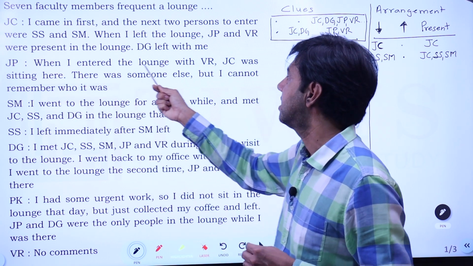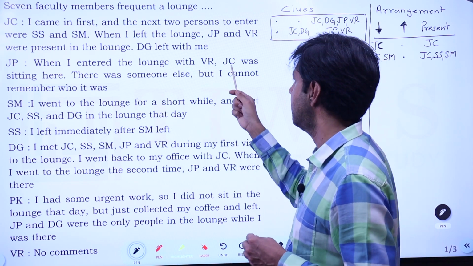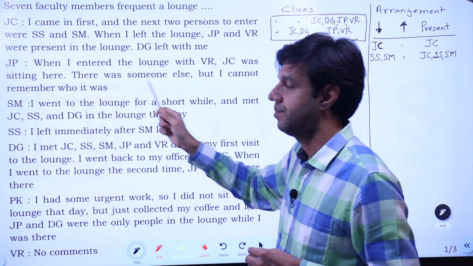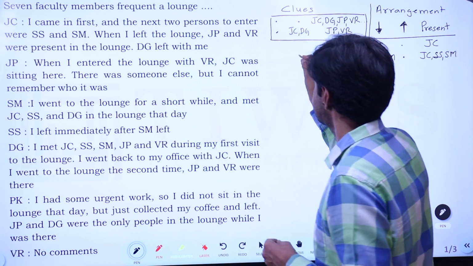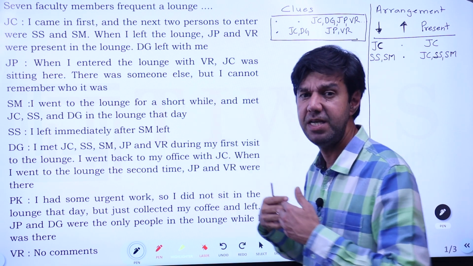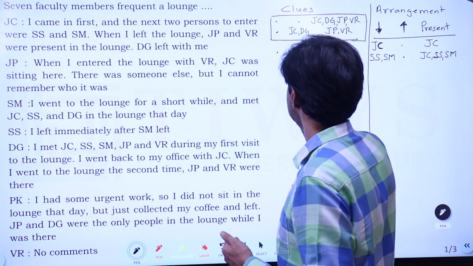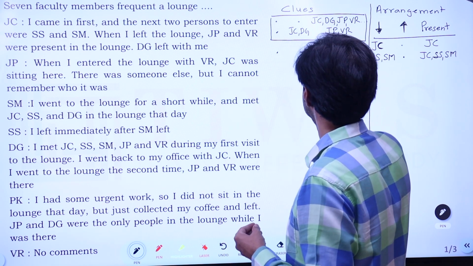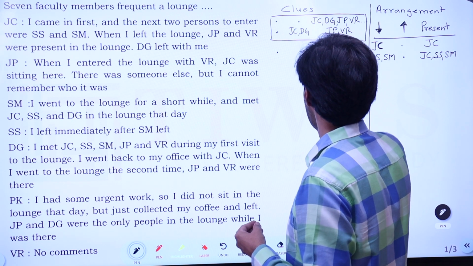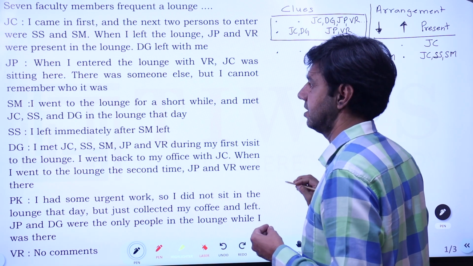Okay. JP says, when I entered the lounge with VR, JC was sitting there. There was someone else, but I cannot remember who it was. So the event is JP coming in along with VR, but just before that, we know that JC was sitting there, and along with JC there's one more person, but I don't know who it is.